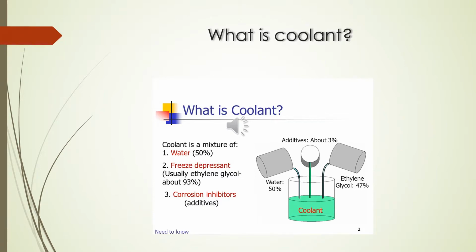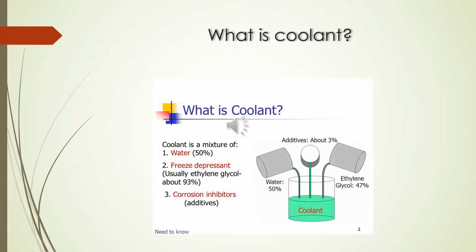It's really important to know what exactly the coolant is. The coolant is a mixture of water, which is distilled water. We recommend distilled water. We need 50% distilled water and 50% ethylene glycol and some additives or inhibitors that prevent corrosion.